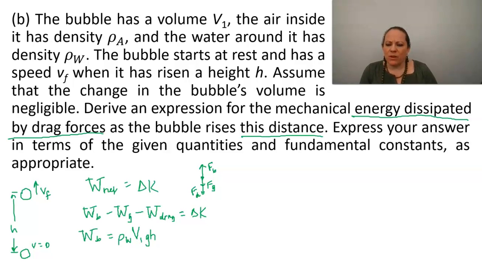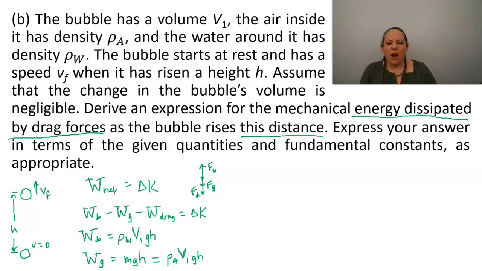Now let's talk about the work done by the gravitational force. Again, we usually think about mgh. Well, how much is the mass of this air bubble? It's going to be the density of the air times volume V1 that the air bubble takes up, times g h.